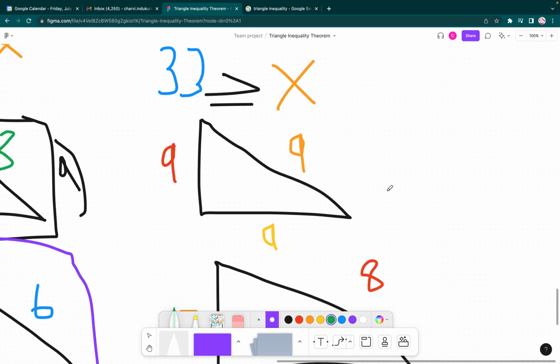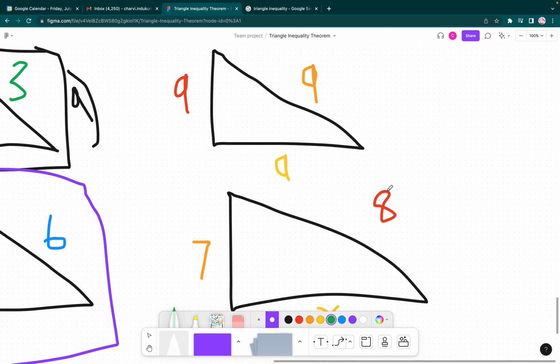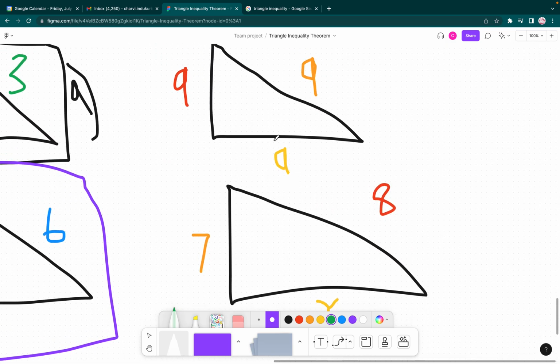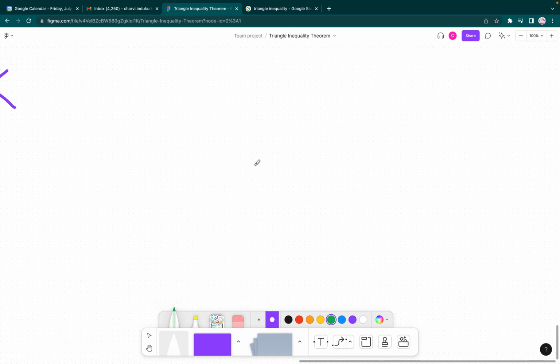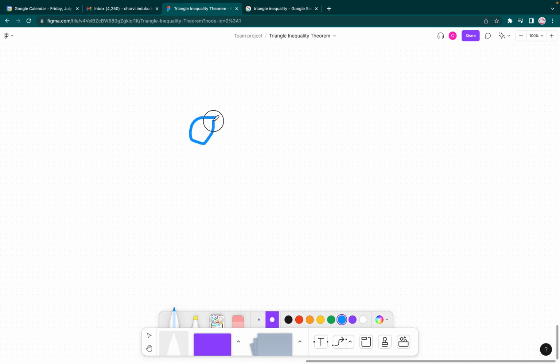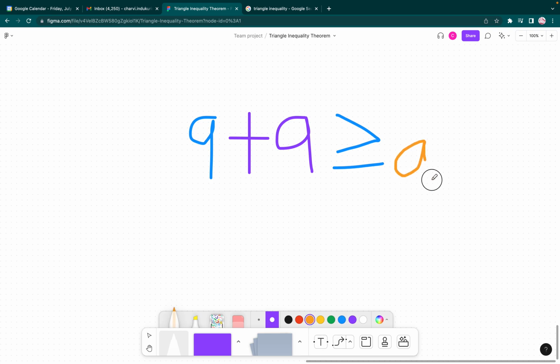Next we've got this one, 9, 9, and A. So we've got 9 as side 1 plus another 9. Yes, that's odd, but don't worry, same process. Is greater than or equal to A. So 9 plus 9, 18.